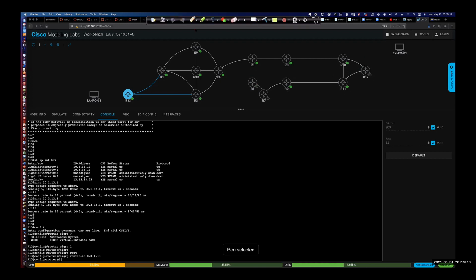So what happens in EIGRP is router 9 is going to advertise its loopback address, that 9.9.9.9 address. It advertises it to router 11. Well, router 11 then advertises it to router 10. Now, router 10 knows, and I'll show you how router 10 knows.